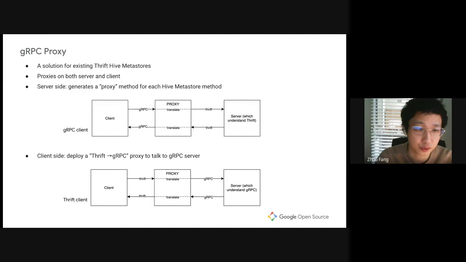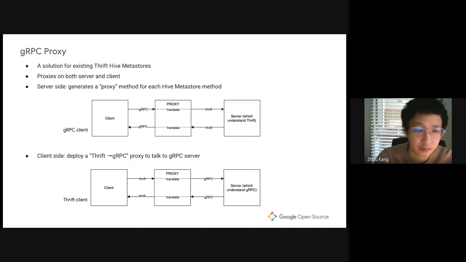If we change it to gRPC, our clients cannot use it because they are Thrift clients, integrated in Presto and Spark. And also, we don't want to introduce a huge change to the upstream open source world to replace Thrift entirely by gRPC. So we want to do it step by step.